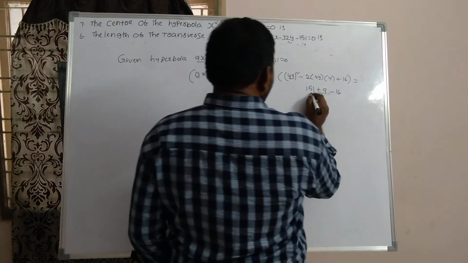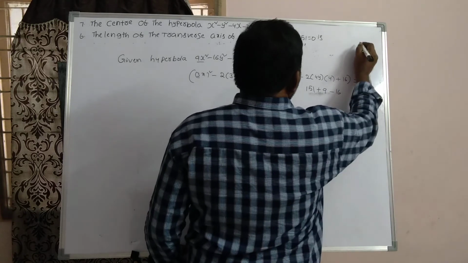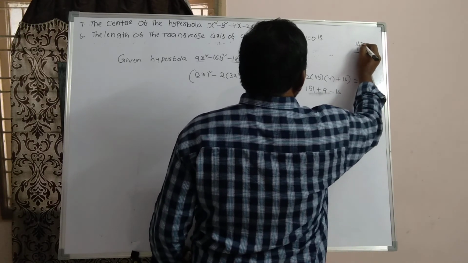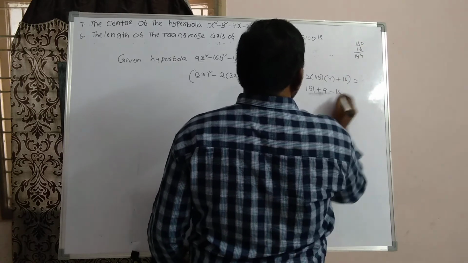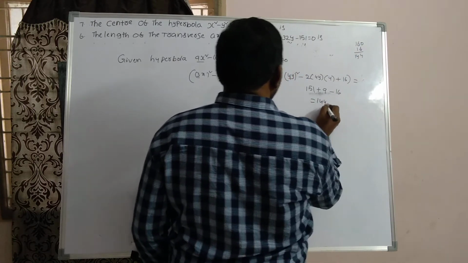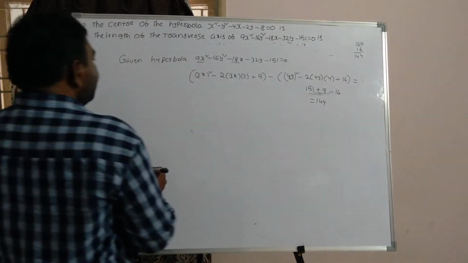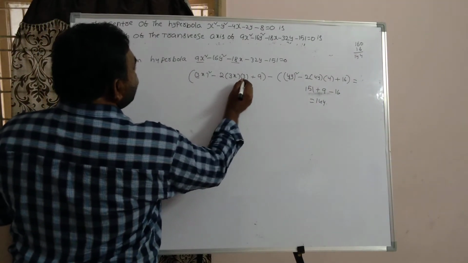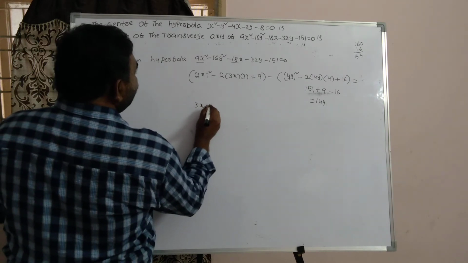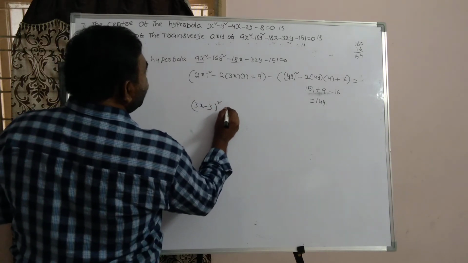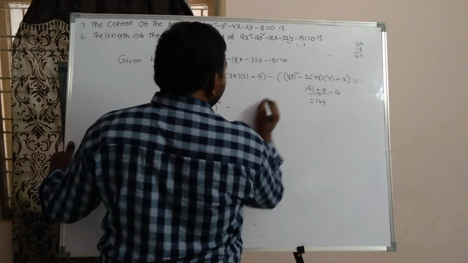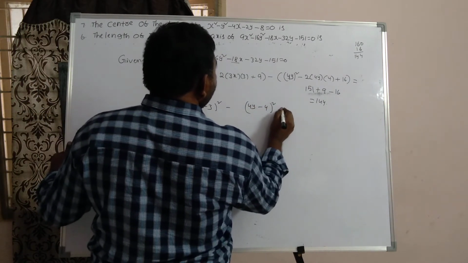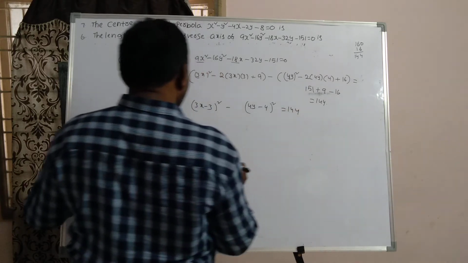So here 151 plus 9, 160. 160 minus 16, 144. We get here 144. So here it can be written as 3x minus 3 whole square minus 4y minus 4 whole square is equal to 144.